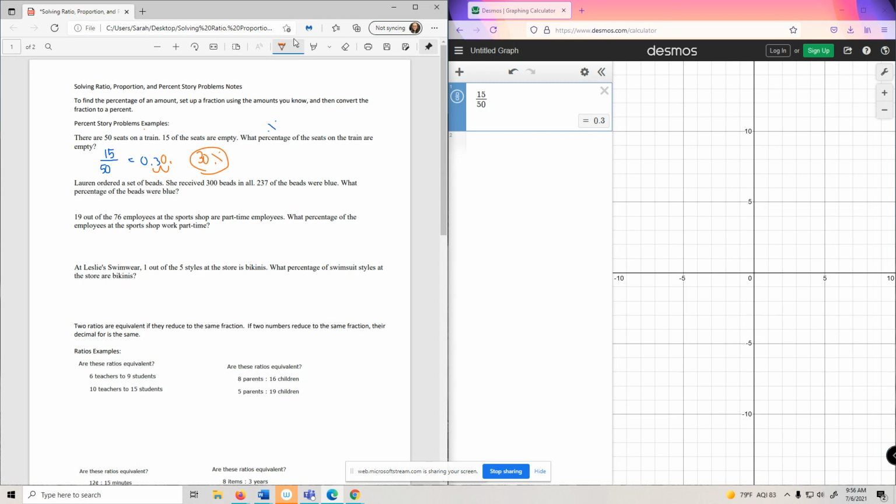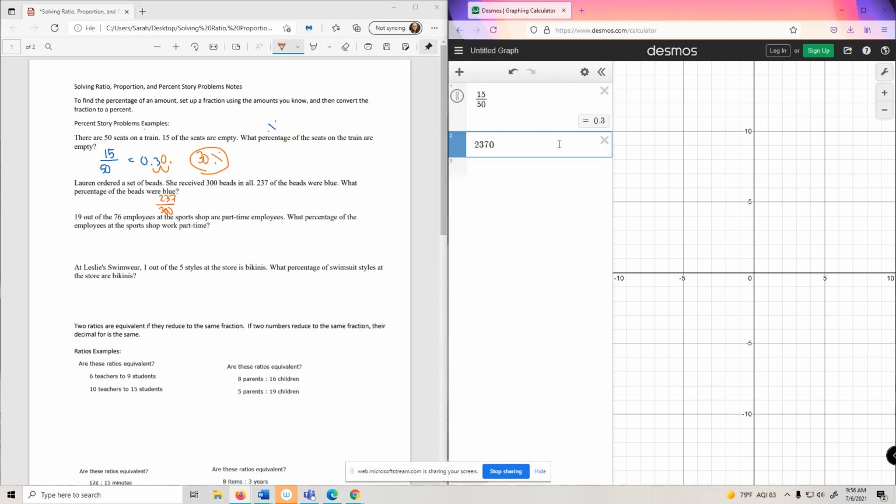Same idea with the next one. Lauren ordered a set of beads. She received 300 beads in all. So 300 is going to be the bottom number of our fraction. 237 of the beads were blue. What percentage of the beads were blue? So we had 300 total beads. 237 of them were blue. So our fraction looks like 237 over 300.